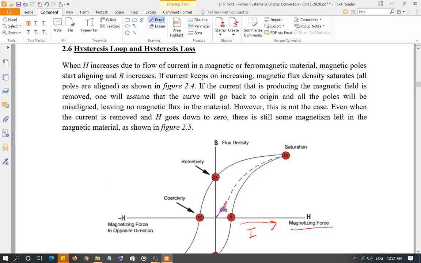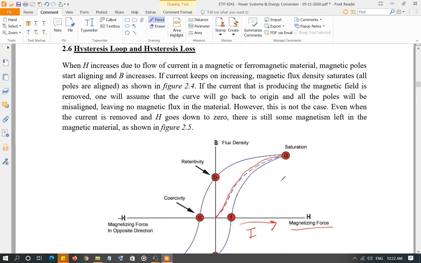So when you start supplying current, the flux density, which is on the y-axis, starts increasing as the current starts increasing, and at one point, of course, it starts getting saturated. So from the origin to this point A, let's say it's close to saturation.